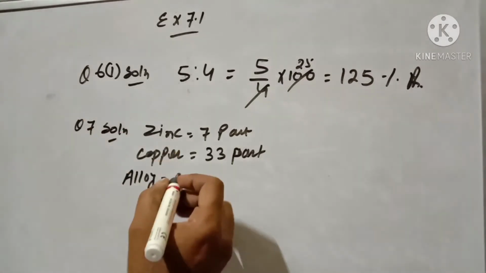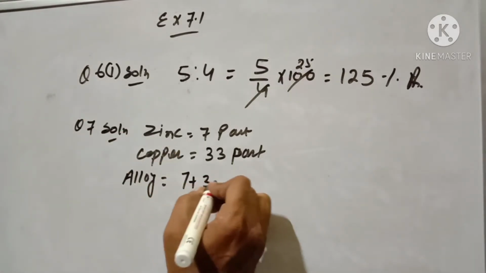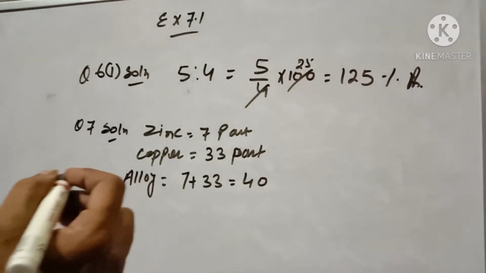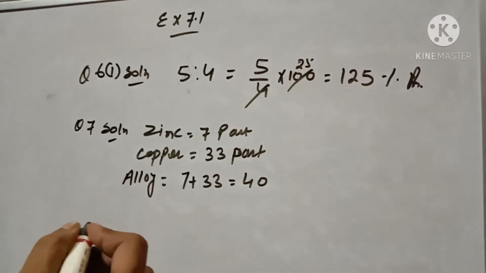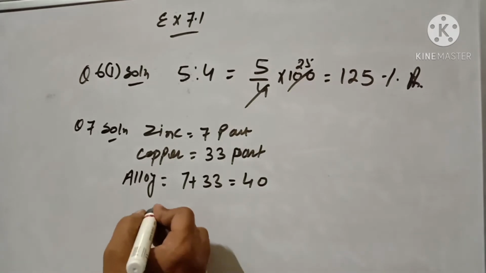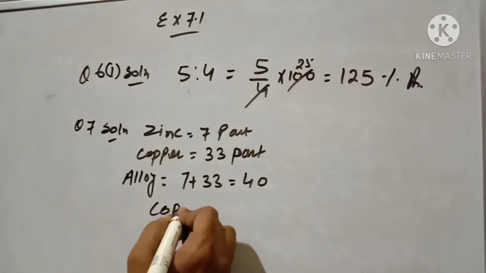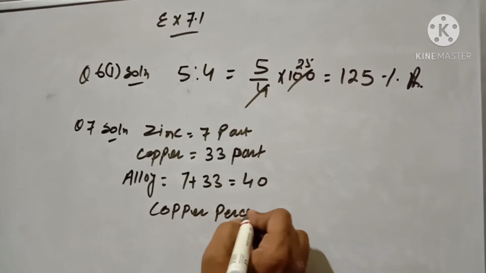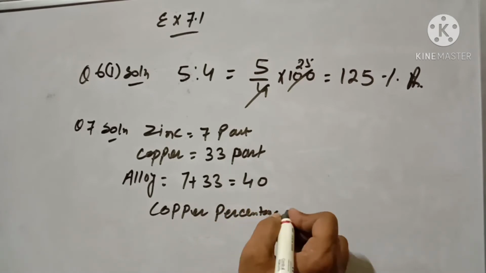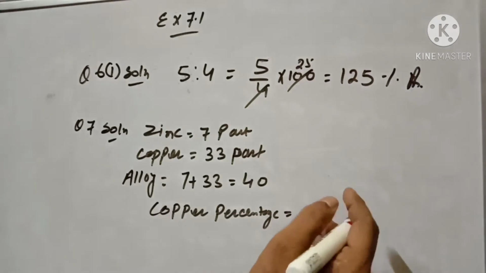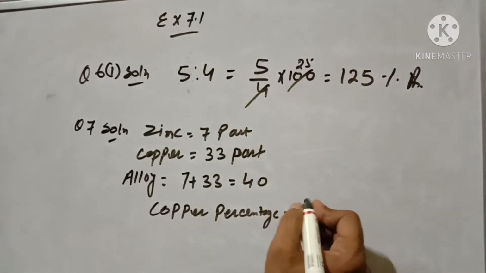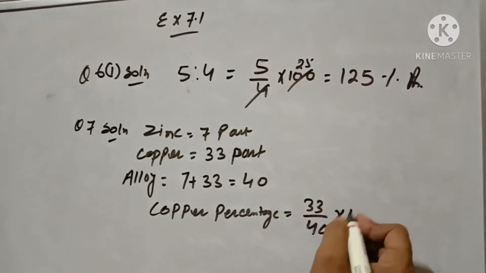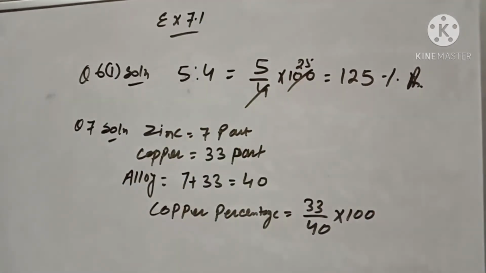Therefore alloy equal to what? 7 plus 33 equal to 40. Now we have to find out the copper percentage. Copper percentage equal to, see the copper part is 33 and alloy is 40, out of 100.